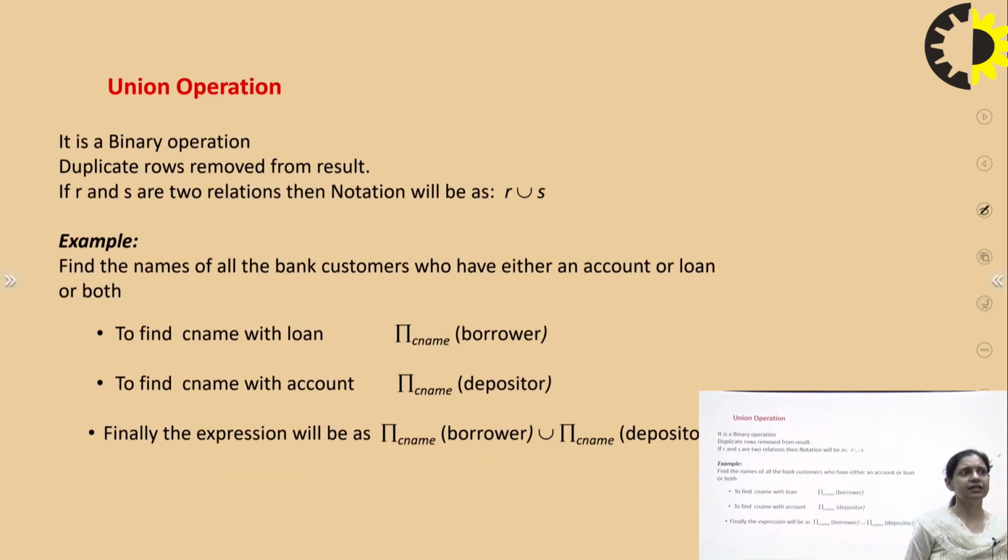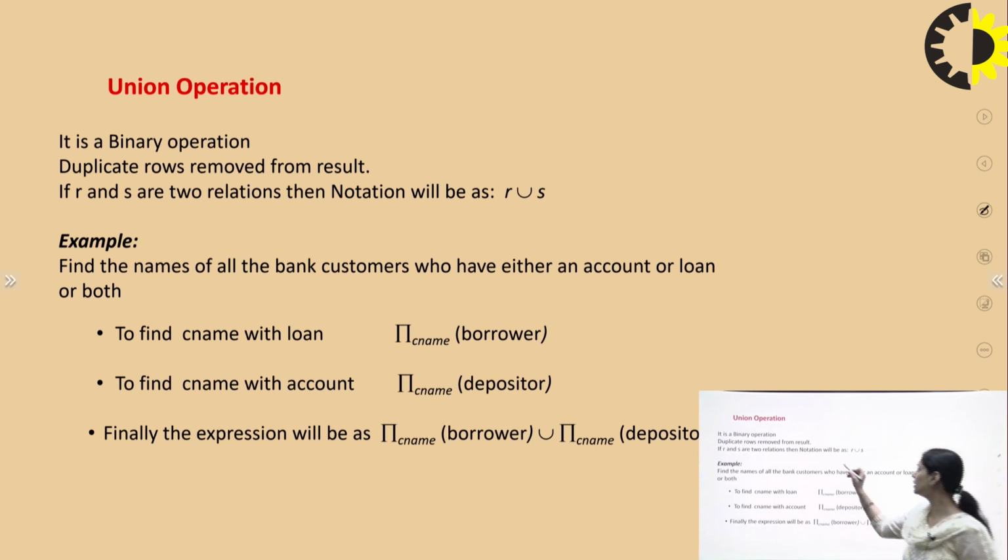The next operation that we have is the union operation, which talks about finding out the combination of two or more things where we have the either or condition displayed. So here, let's take an example where it says find the names of all those bank customers who have either an account or loan or both.